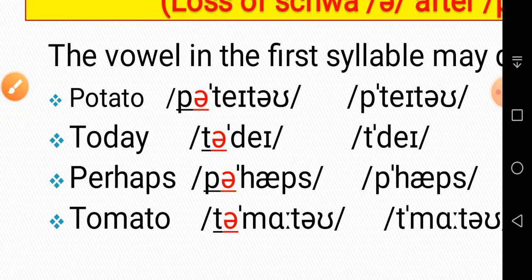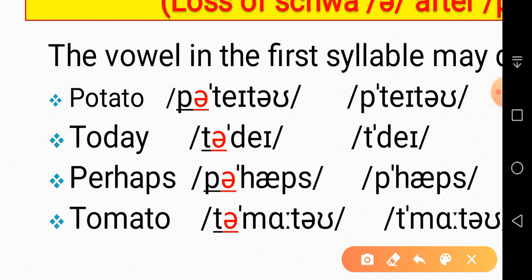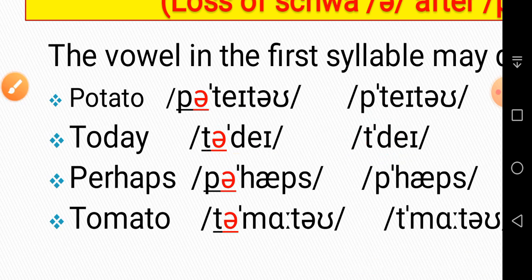Okay, so here is another example, today. So this is a diphthong. There are two syllables in this word. Now this schwa sound or weak central vowel will be dropped. See this example. Now here there is no vowel sound between t and d. So we will pronounce it like this, today. I am gonna tell you today.